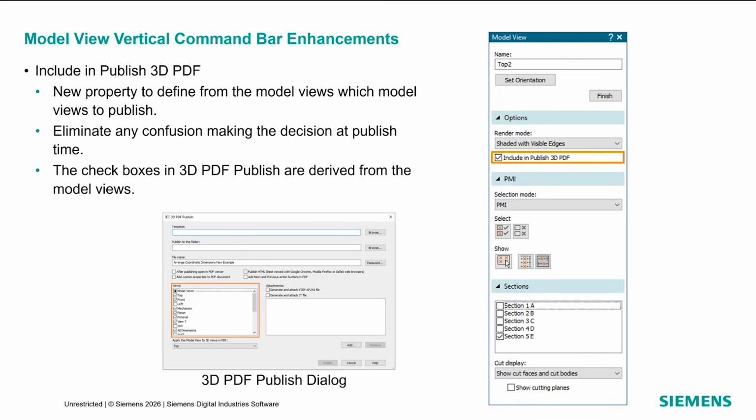So in this case, when you select the model view, when you create it, you can go inside and edit that and include in publish 3D PDF. When you have that checked and you go to publish your 3D PDF, that model view will automatically be checked for publishing. So you don't have to double guess yourself exactly what model view you are publishing at the time.